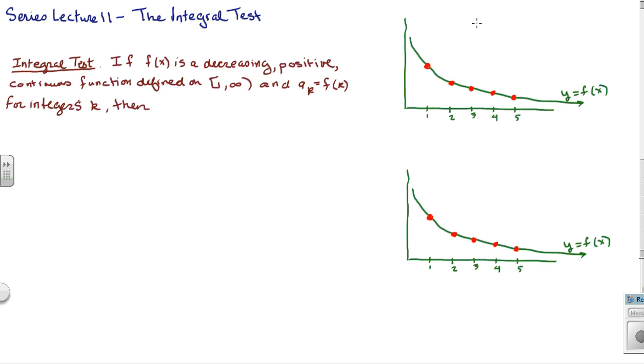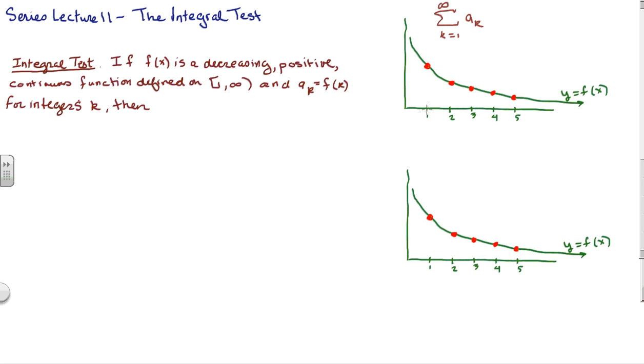So we're looking at the series, k equals 1 to infinity of ak, right? And we are going to understand whether or not that converges by looking at the integral.